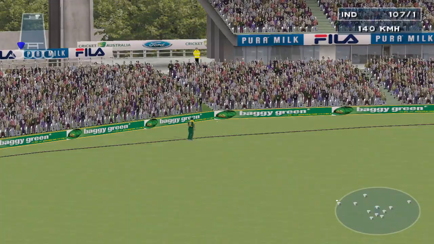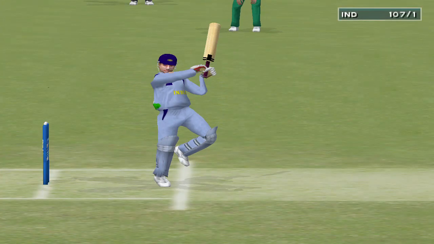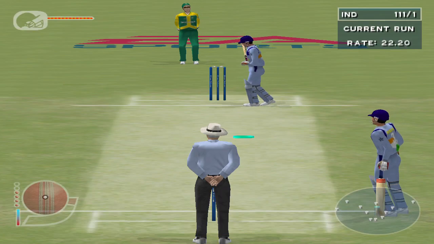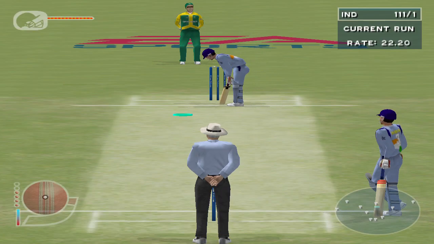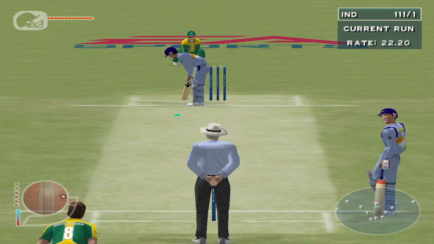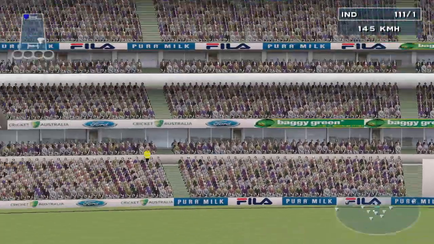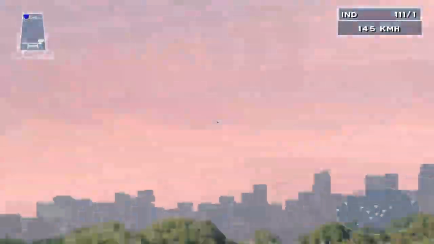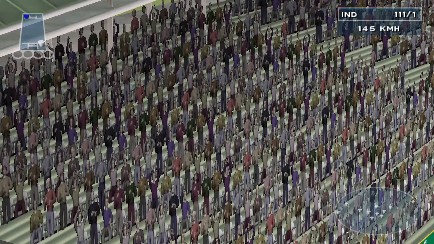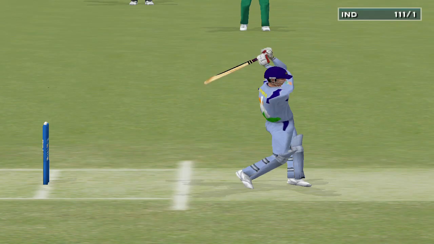Really good shot there. Nicely timed and picked the gap perfectly. Pollock to bowl to Tendulkar. That's over the rope. 6 runs. India move on to 117. Excellent batting. Got himself to the pitch and struck it hard for 6.